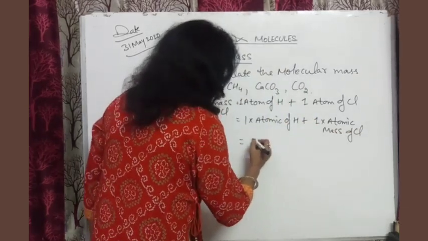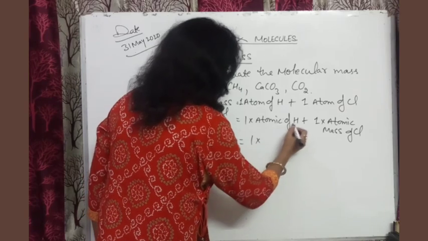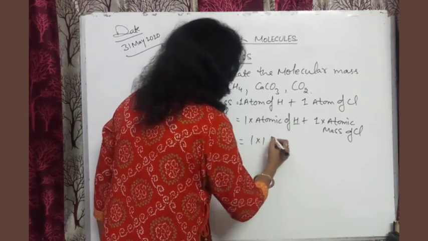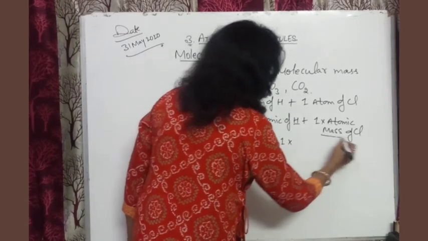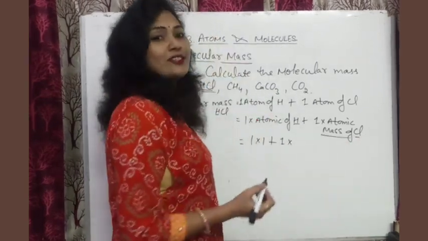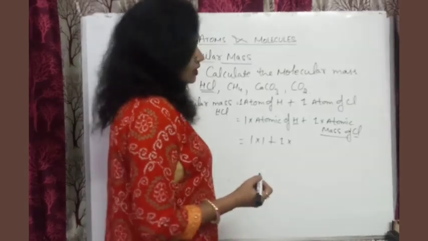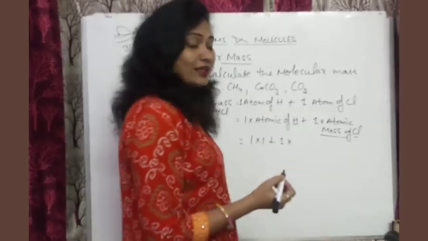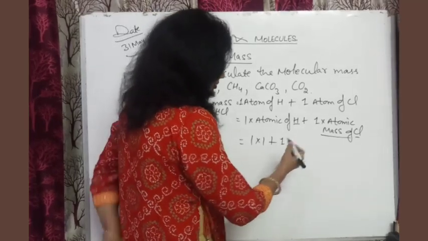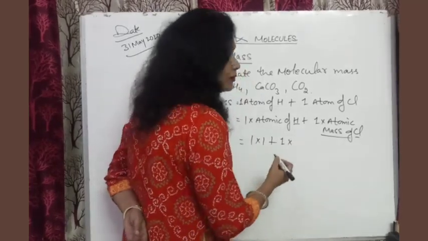The atomic mass of hydrogen is 1. The atomic mass of chlorine is 35.5, sorry, 17 is the atomic number.